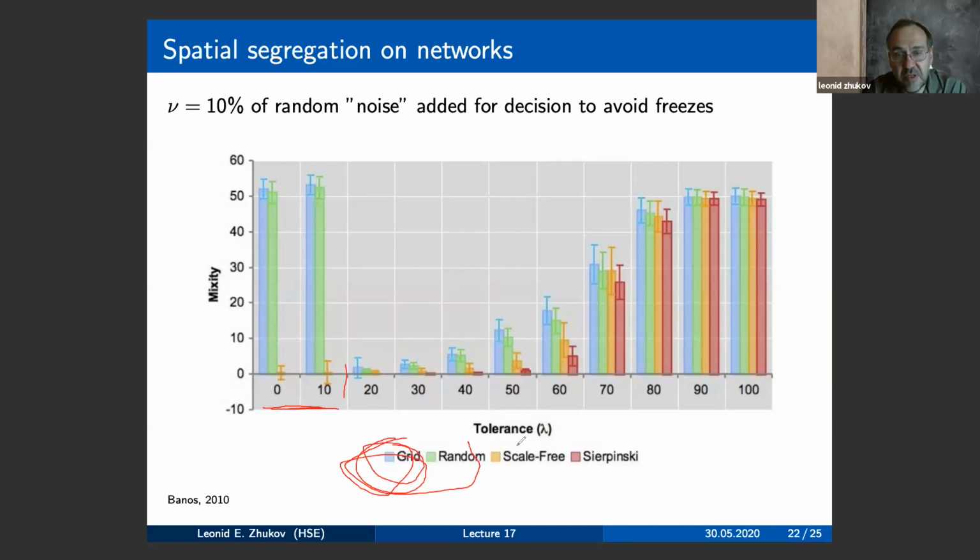But for scale-free and Sierpinski, the grid is stuck even if you allow a little bit of random decision making. But cluster-based models, they instantly get segregation, like instantly.